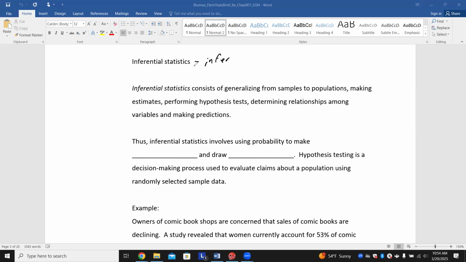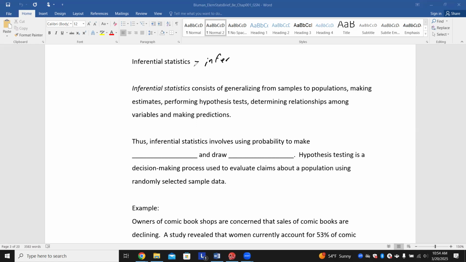So we take something that happened in a sample and we assume what's going to happen in a population. So this is where we're now making estimates, performing hypothesis testing, determining relationships among variables, and making predictions. So descriptive: factual, things that actually happen. Inferential: we're now taking that and inferring what we think is going to happen overall. So know the difference between the two.